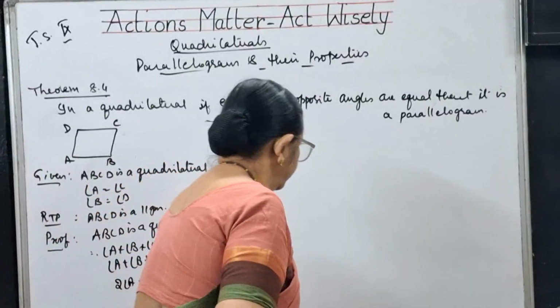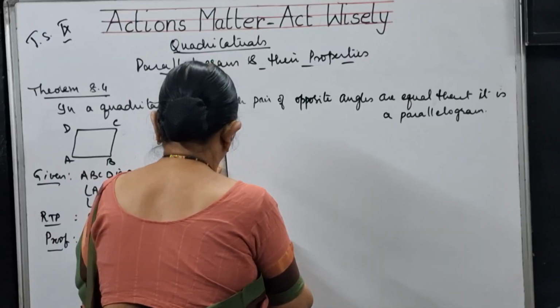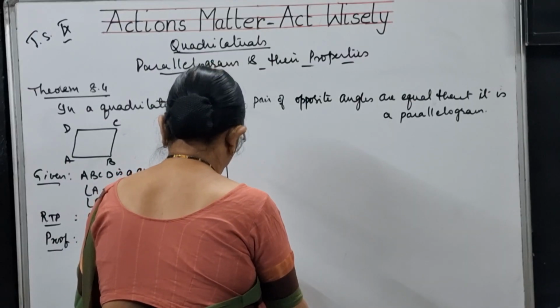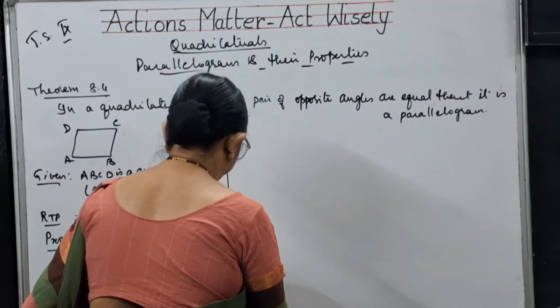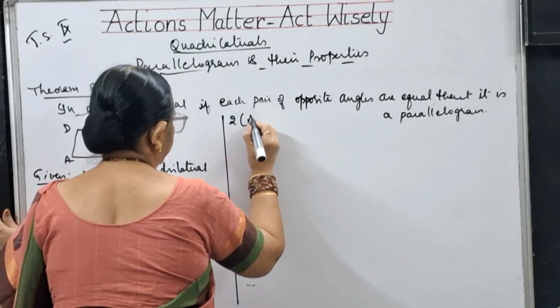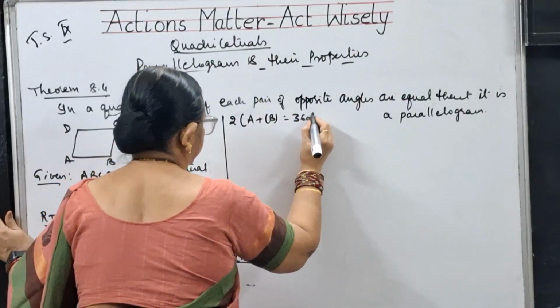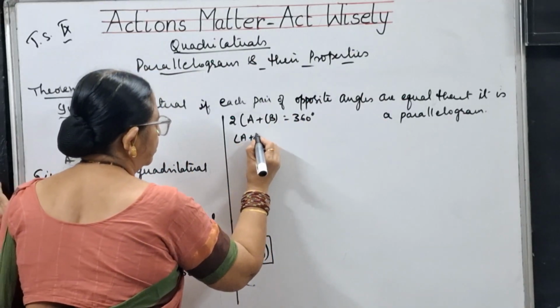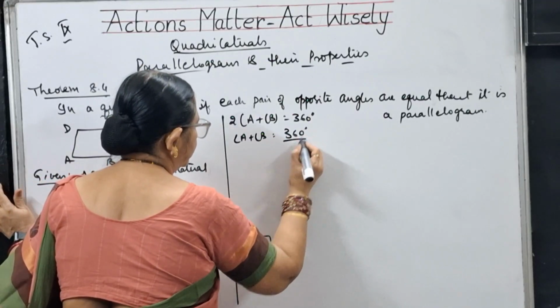What do you mean by this? This means 2 times of angle A plus angle B is equal to 360 degrees. That means what is angle A plus angle B? 360 degrees by 2.